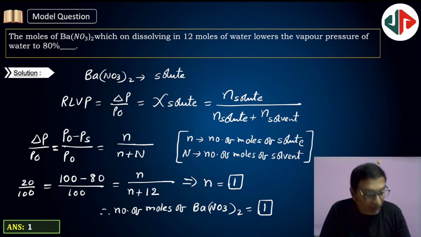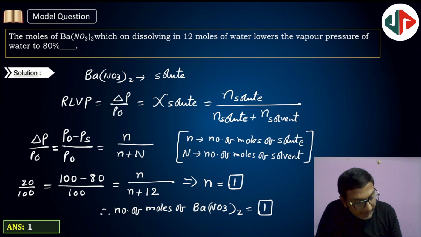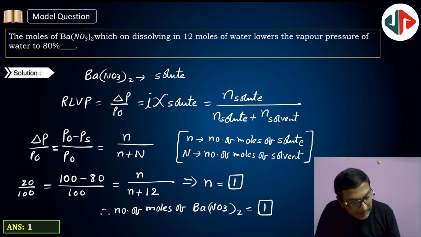Next, here one more point. We must add the Van 't Hoff factor also, because here an ionic compound is given, Ba(NO3)2. So here also we must add the i value, the Van 't Hoff factor.